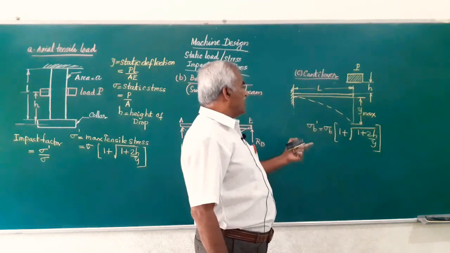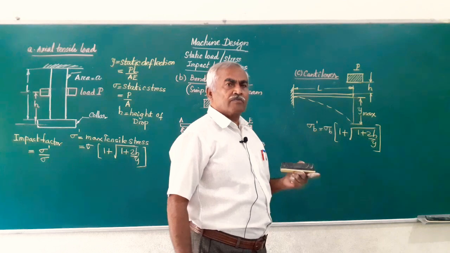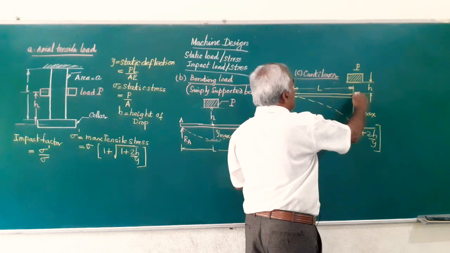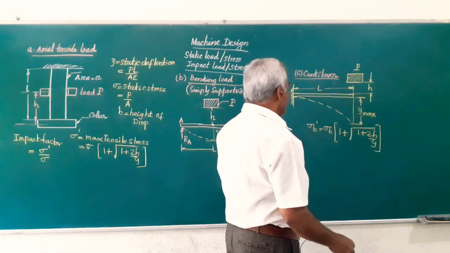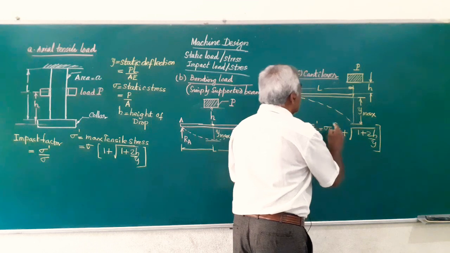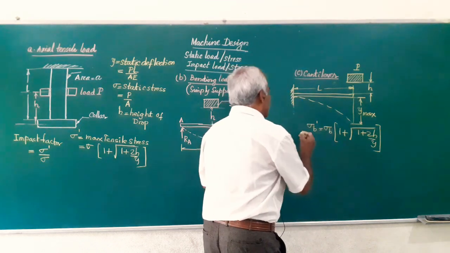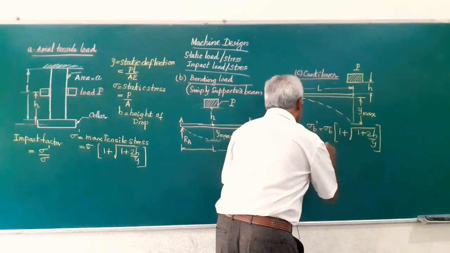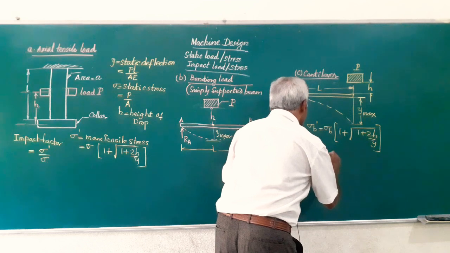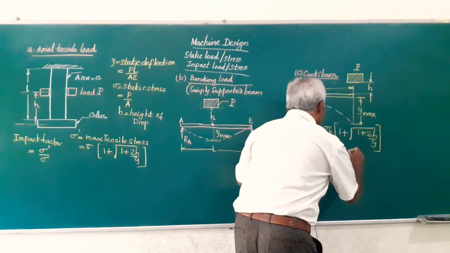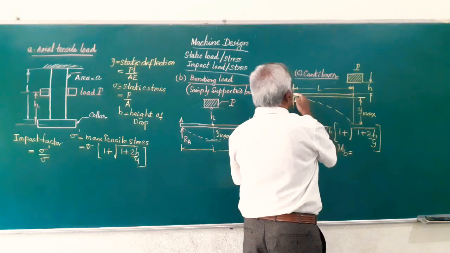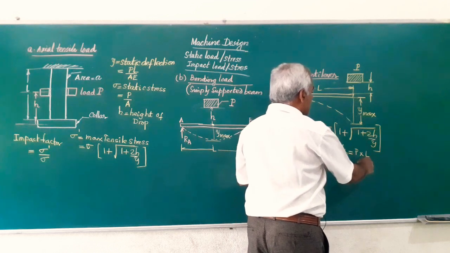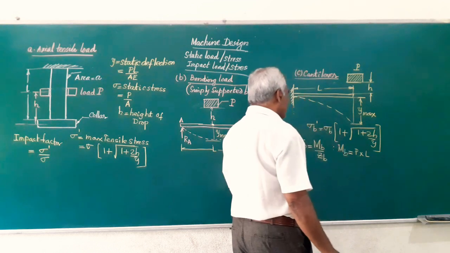So friends, here sigma b dash is the maximum impact stress due to the load dropped from a height h onto the free end of the cantilever, and sigma b is the nominal stress or the static stress, and this sigma b is given by Mb by Zb, where Mb in this case is equal to the load into the distance. So I can say P into L. If P is in Newton and L is in millimeter, it is going to be Newton millimeter.